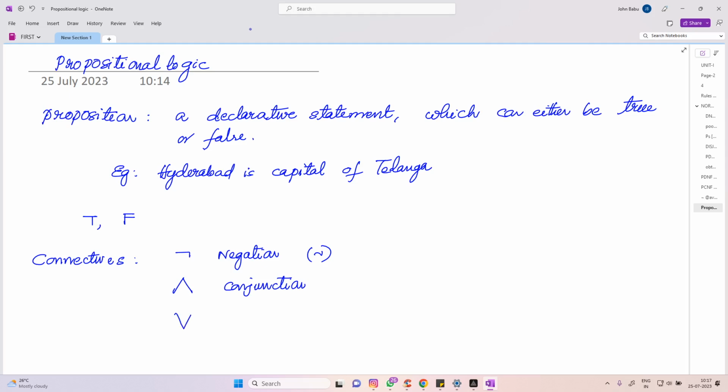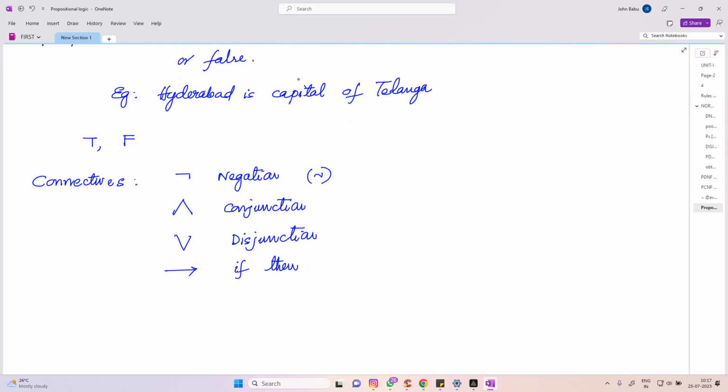Then disjunction, which is also known as the "or" symbol. Then implies, the if-then relation. Then we have if and only if, which is called a bidirectional implication, if and only if.